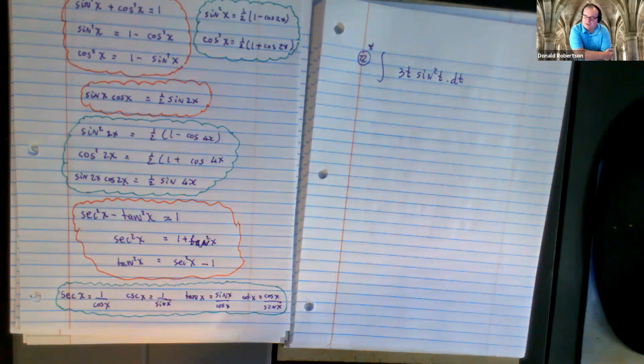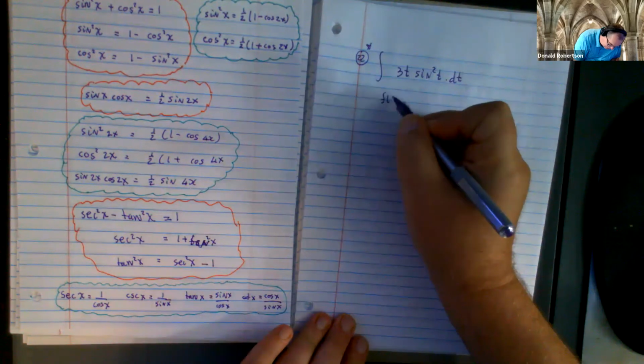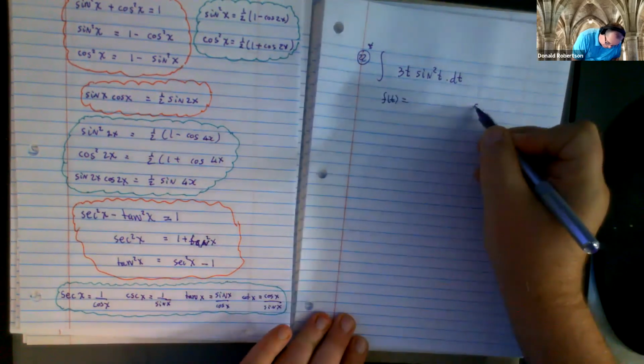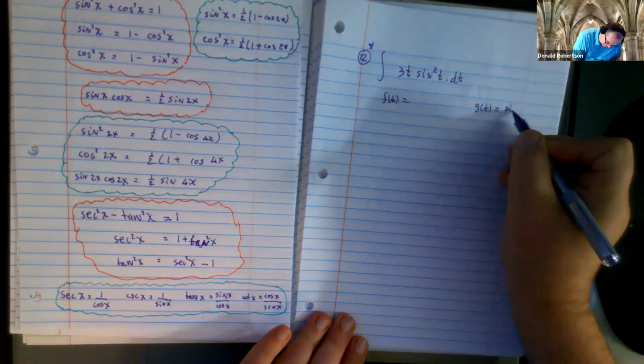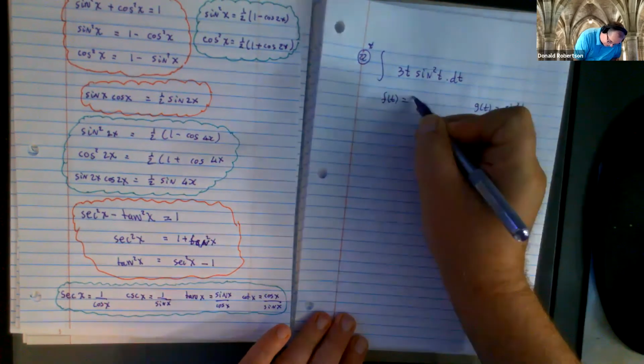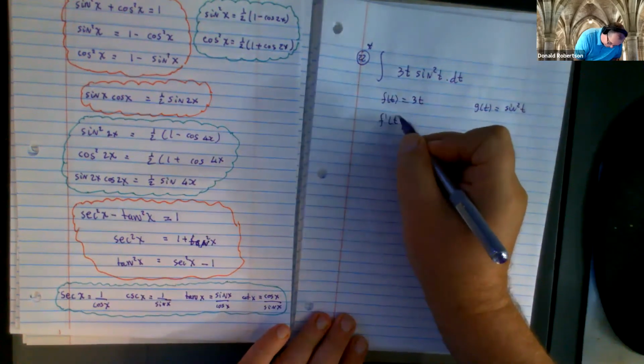When I say what technique, I mean things like power rule, integration by parts, u-sub. What technique would I use? Parts. Agreed. And who is the f of t going to be? And who is the g of t going to be? Forget it, because I've just written it down. So here is the derivative. That's nice.